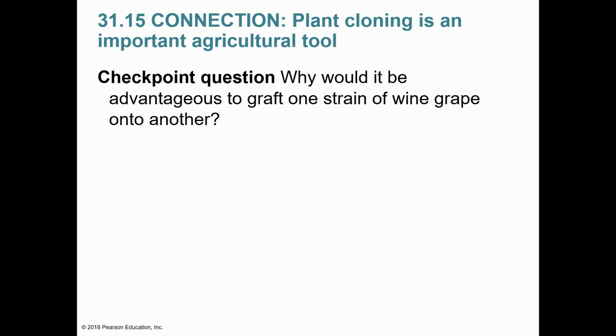And so that might cause the roots of the grape plant to grow better, or the stems to grow better, or larger, bigger, better grapes, sweeter grapes. They're all different types of genes, different variations that could occur. And so that's why it would be beneficial to have that variety, those options available in its DNA.